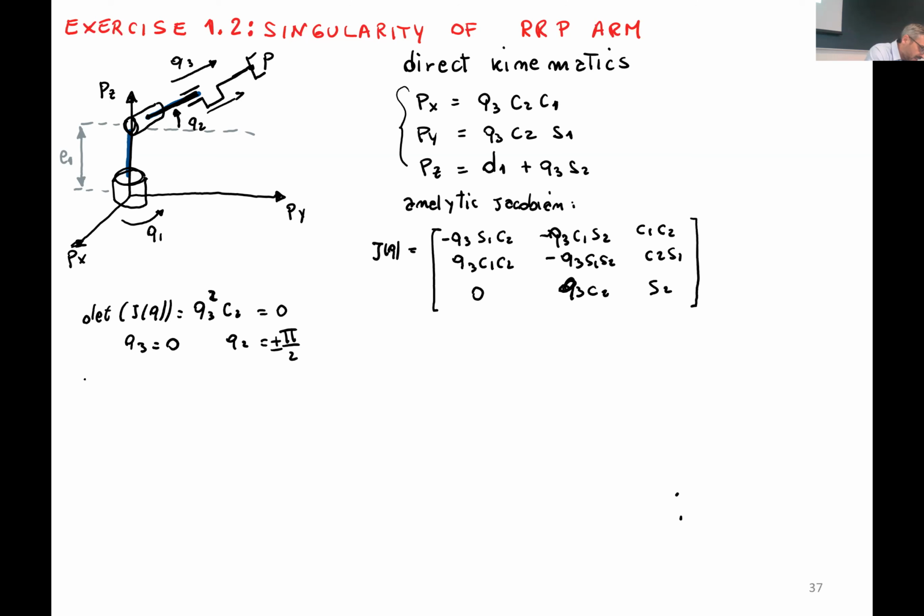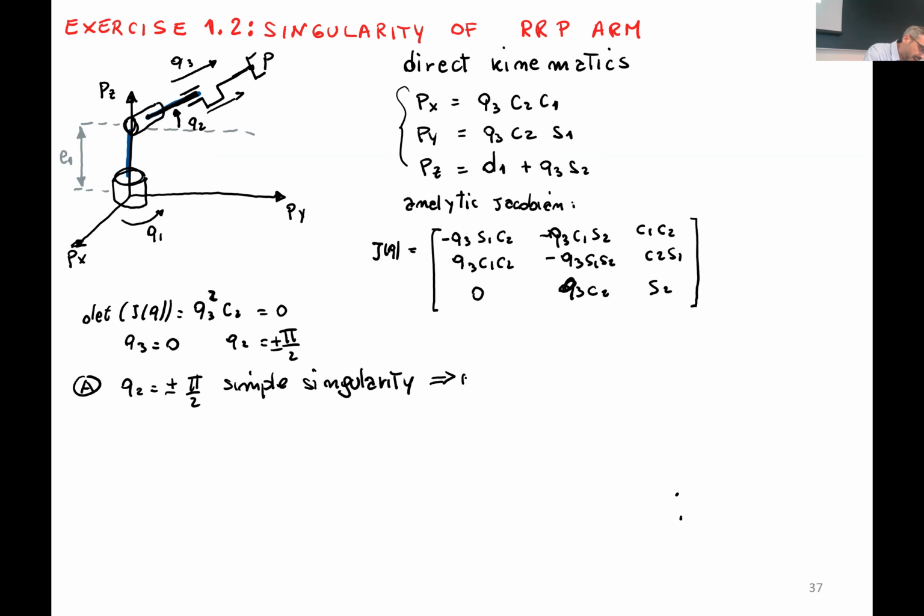Okay, so let's analyze the kind of singularity. Case 1 is wherever we have q3 whatever and q2 equal to plus minus pi half. And we see that in this case, we have a simple singularity. Why simple?